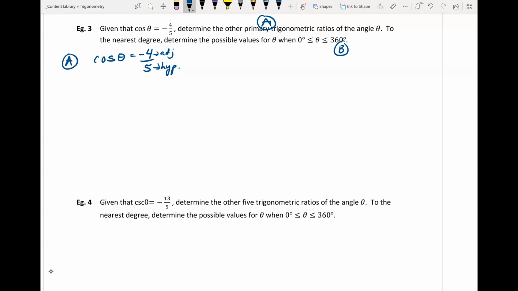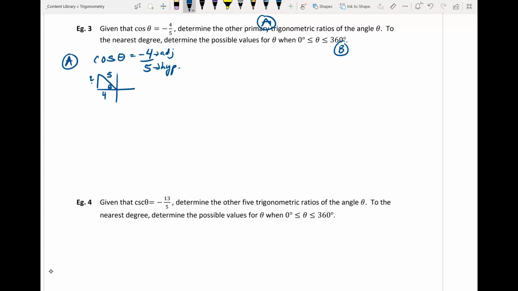So first off, let's say that we have an angle in quadrant 2, and this is our angle. The adjacent side is 4, our hypotenuse is 5. Again, this could also be drawn in quadrant 3 because cos theta is also negative in quadrant 3. It really doesn't matter. I just want to find the missing side here.